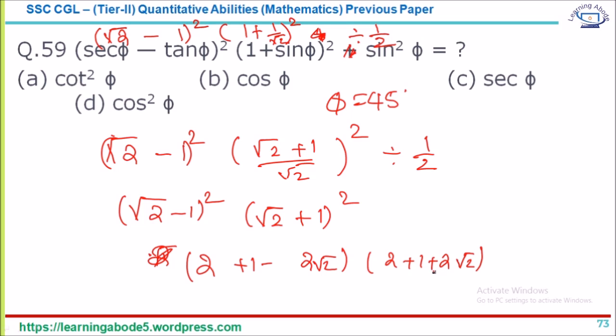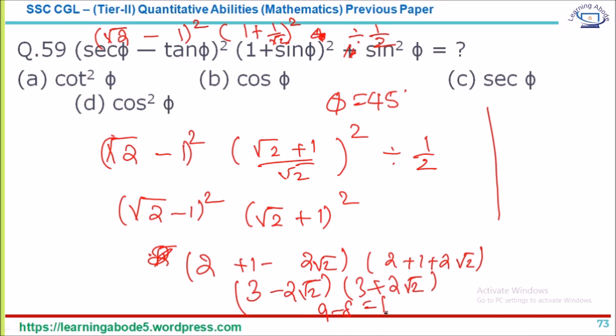Now if you take from the options, I think this will finish: 3 minus 2 root 2 into 3 plus 2 root 2, that's 9 minus 8, that's equal to 1.